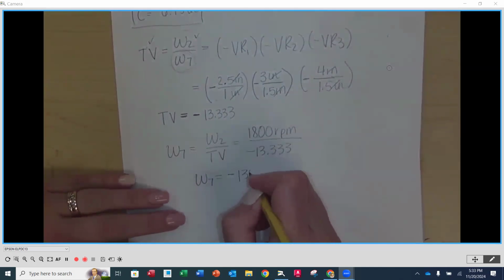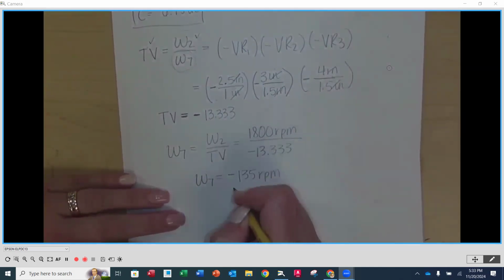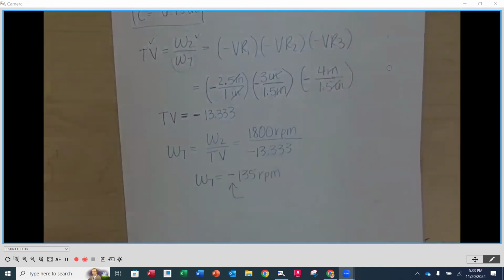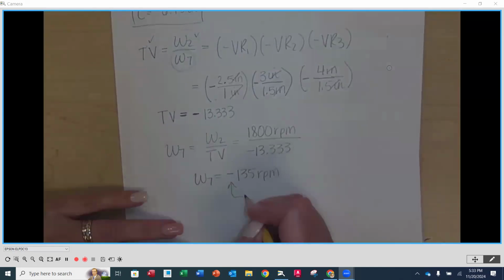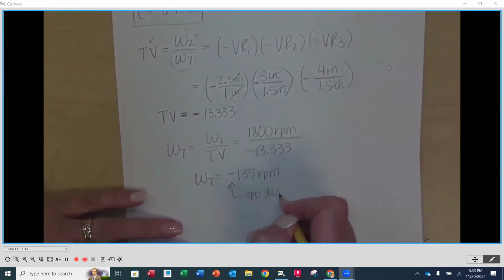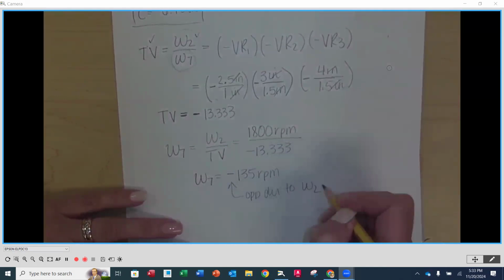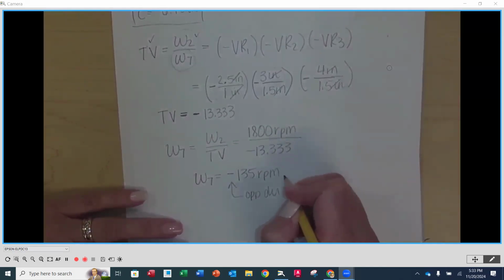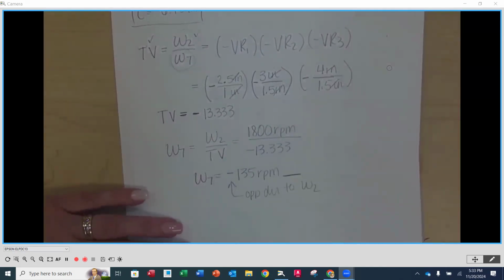135 RPMs. Now, this negative just says that it's going opposite of whatever our input was, which was W2. So this is going to be the opposite direction to W2. So you always have to add on what your direction is here, okay?